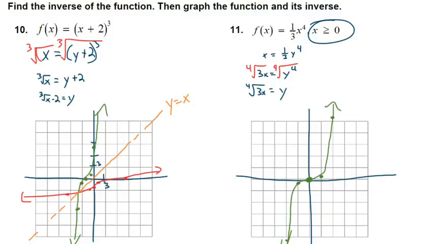Right? And then the inverse, the fourth root of 3 times x, so again 0, 0, that's going to be the same exact spot. But this one, it's going to be right there. There and there.